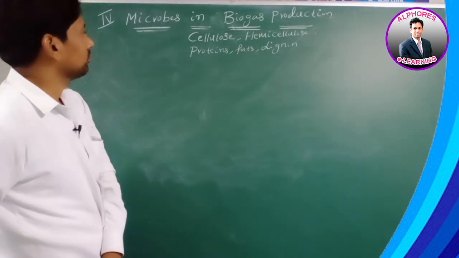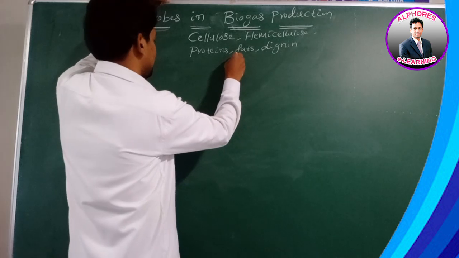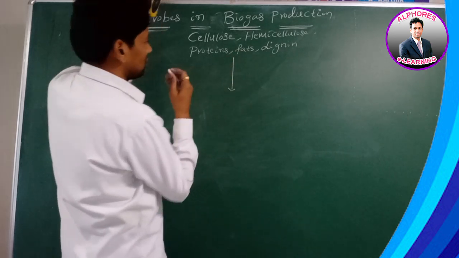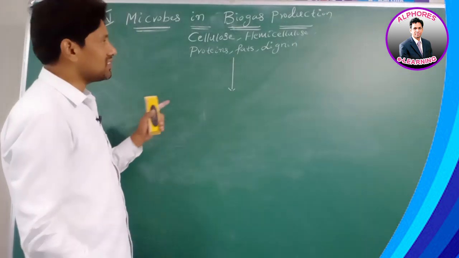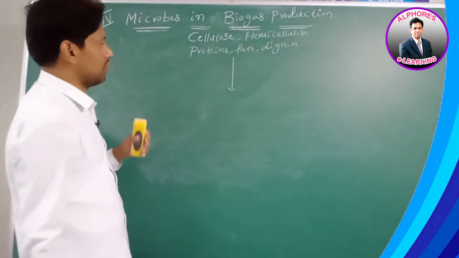Lignin. What is the first step? Solubilization. During solubilization, they get converted into what? Monomers.